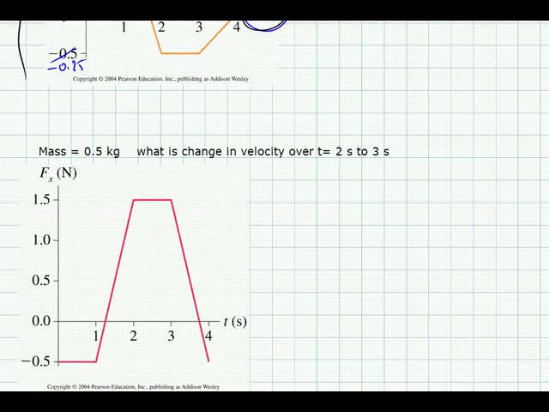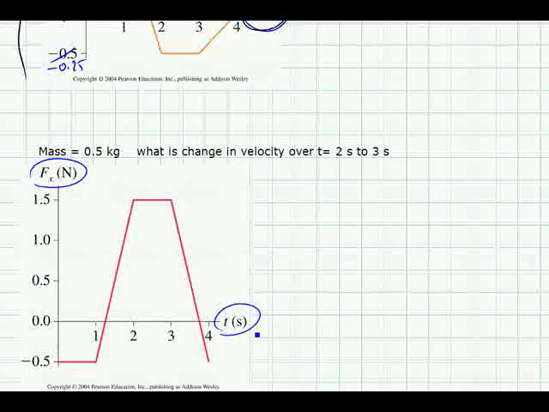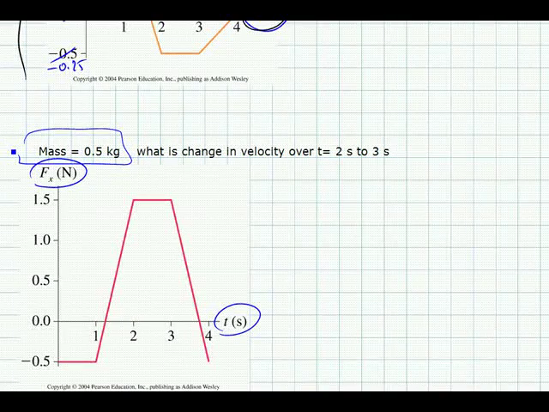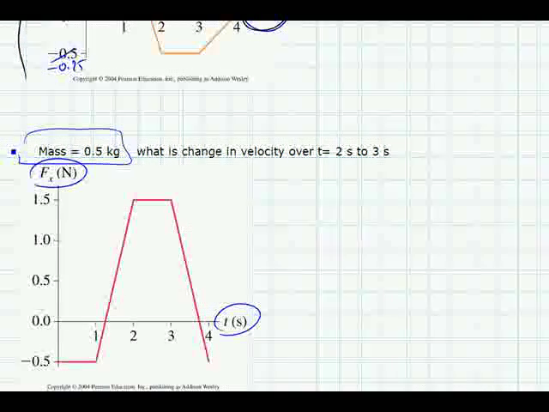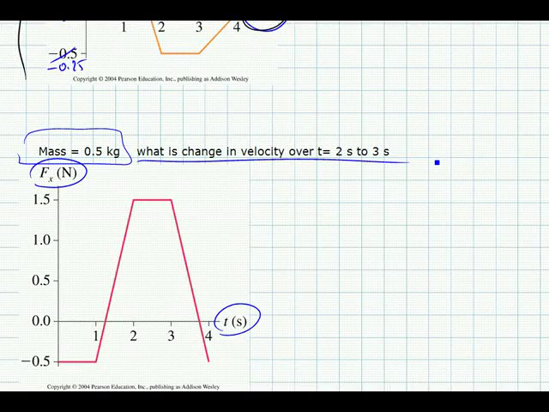And conversely, if you have a force in newtons versus time in seconds, and once again the mass is given as half a kilogram, and let's say the problem asks what is the change in the velocity over the period 2 to 3 seconds. So this is the period of interest from 2 to 3 seconds.